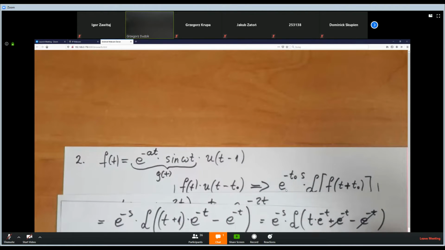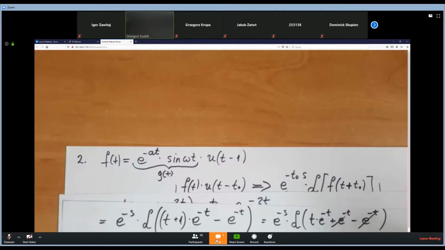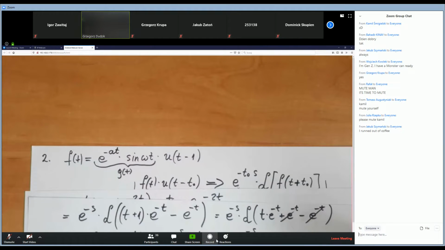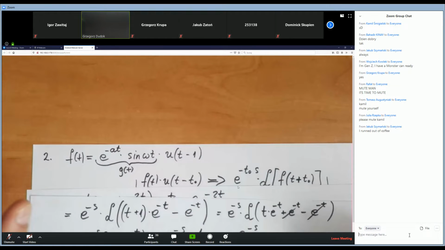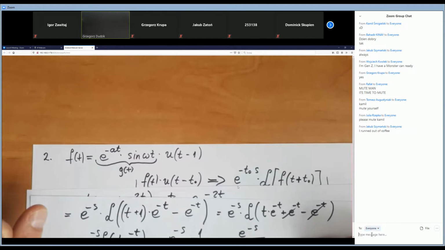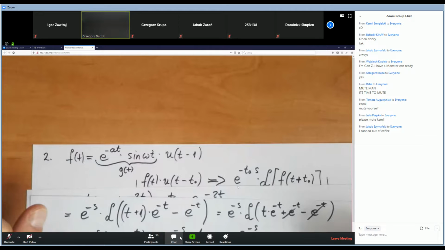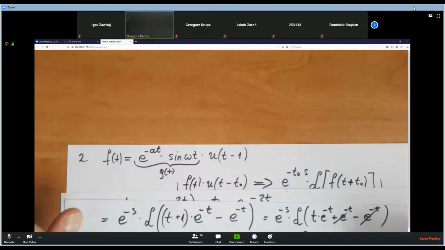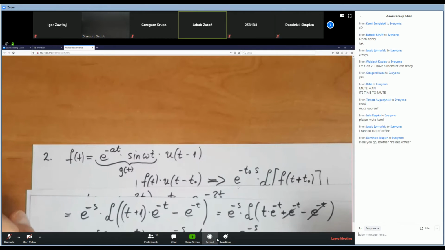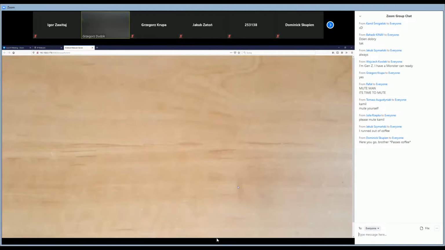In fact, how we can find the Laplace domain function, based on these examples? Well, I think we need to practice more, but of course, I think it's clear. Thank you. Great.